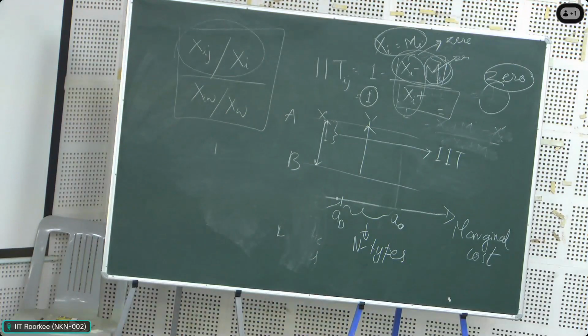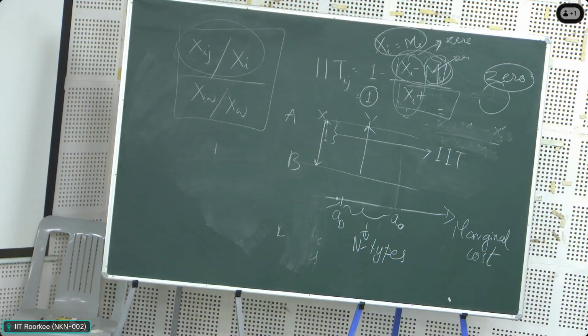Another popular index people use in their work is called regional trade shares, RTS, where the regional destinations should be carefully emphasized.